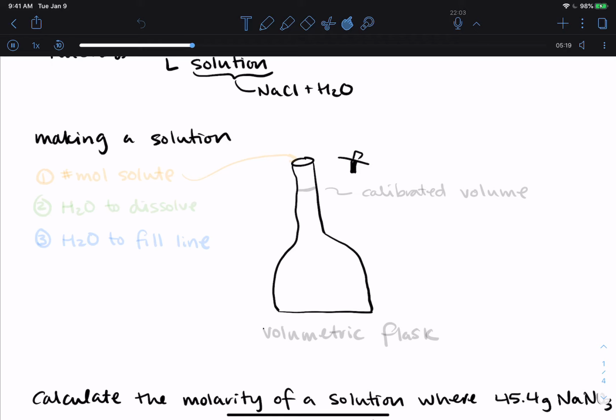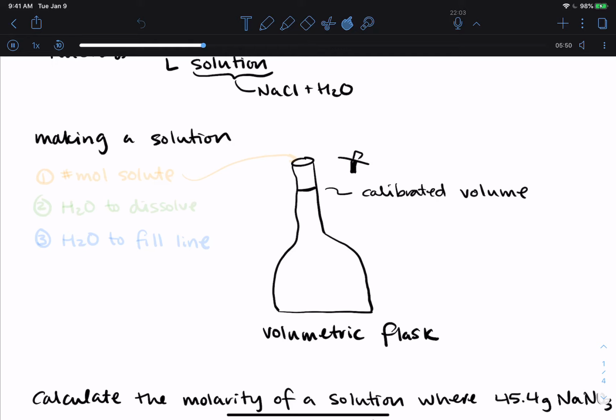So this is a volumetric flask, and it will only have one marking on it, somewhere around the neck. This will be a calibrated volume. So if you have a 100 ml volumetric flask, the only volume that you can measure with that is that 100 mL.